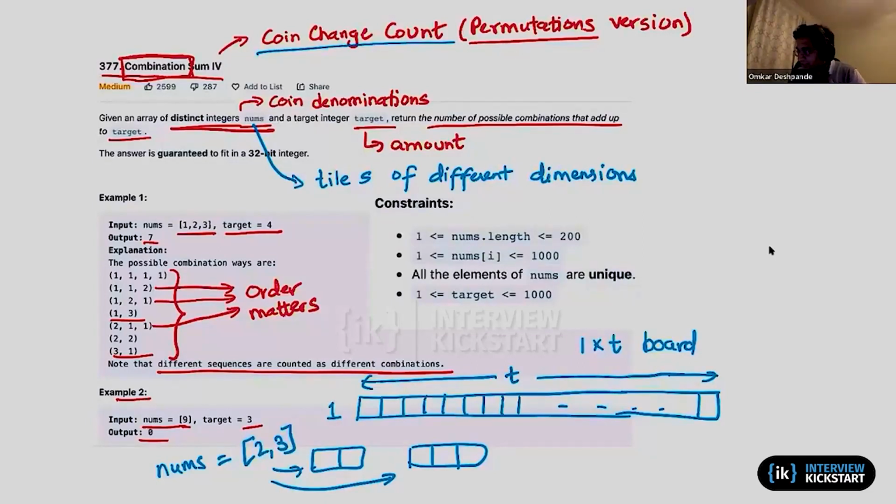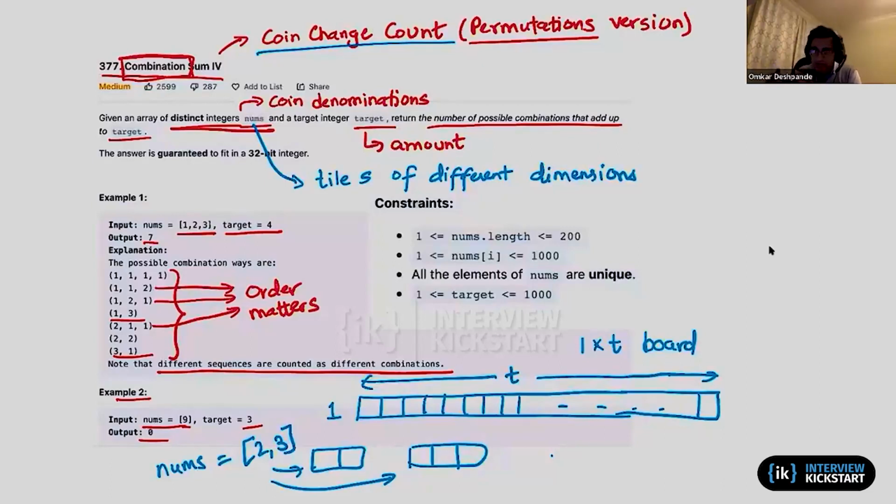You're given a bunch of tiles, and clearly order matters because if t was 5, one way to tile a 1 by 5 board would be to have this tile followed by this tile. Another way would be to have the 1 by 3 tile first on the left, and then the 1 by 2 tile to its right.